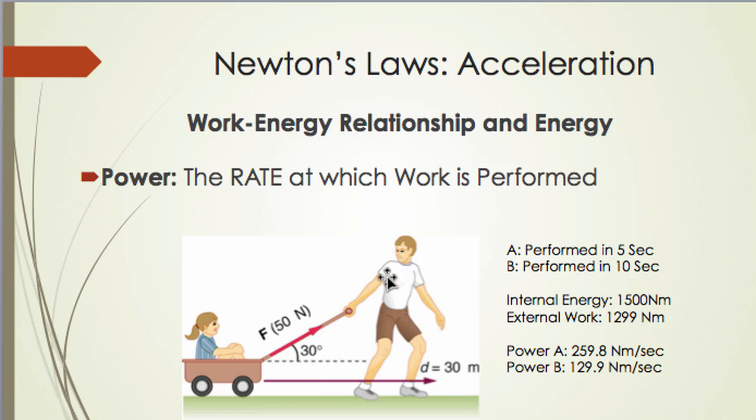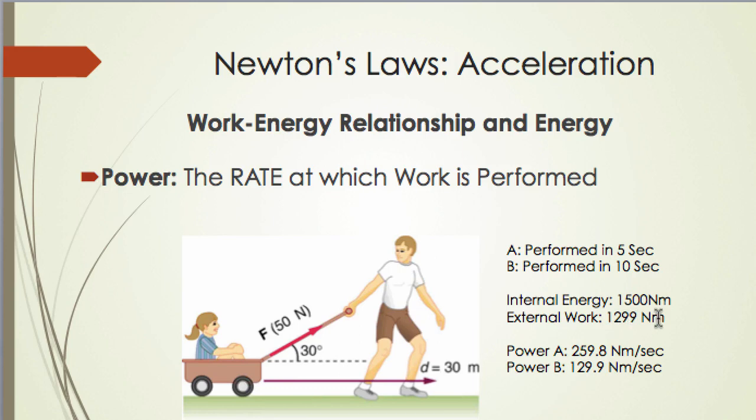Just to review, he's pulling the sled using 50 newtons of force for 30 meters. That's an internal energy to him of essentially 1,500 newton meters. That's how much work that he's done internally to himself. However, external work, the amount that it takes to pull the sled, as we discovered before, is 1,299 newton meters.